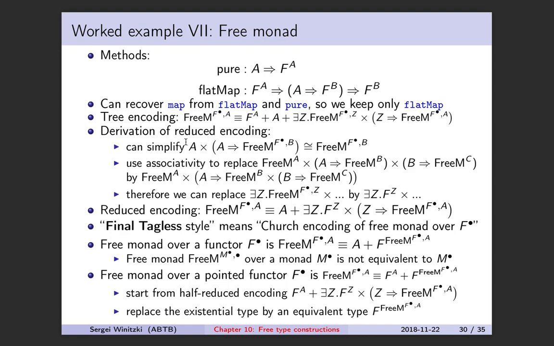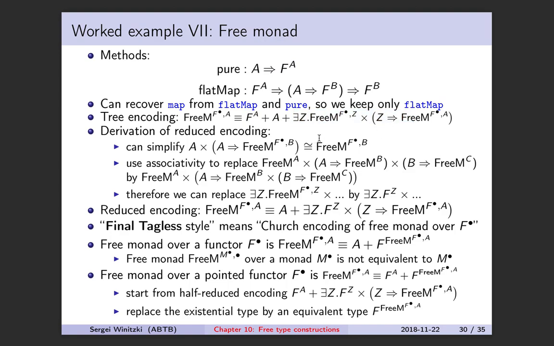Let's derive it. So first of all, let's see what happens when we use the tree encoding and create some values of the free monad type. First, we can take this type constructor and apply a few flatMaps to it. Second, we can take this constructor, which is a pure, and apply a few flatMaps to it.